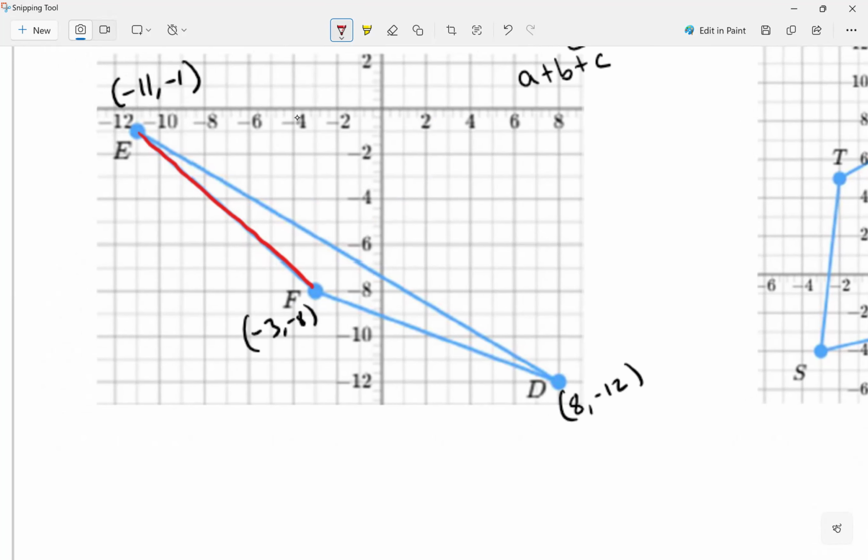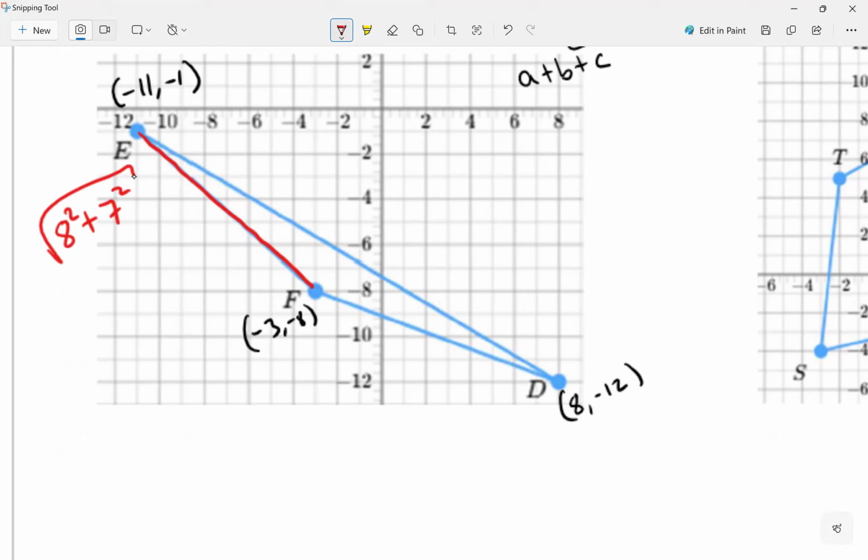So the length EF, the distance between E and F, if I was to subtract the x's, I'm looking at -11 and -3. The distance between those is 8. So we're going to call it 8 squared. If I was to subtract the y's, I see -1 and -8. The distance between those is 7.